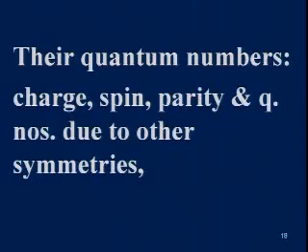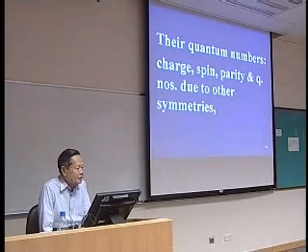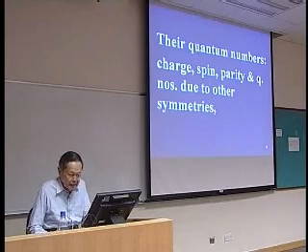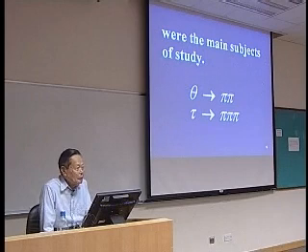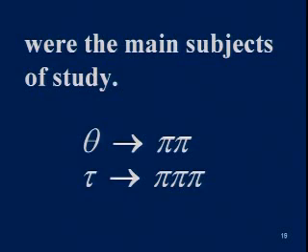The quantum numbers, charge, spin, parity, and quantum numbers due to other symmetries of these particles were the main subject of study in the 1950s. In particular, there were particles found which were called theta, and they decay into 2 pi mesons.